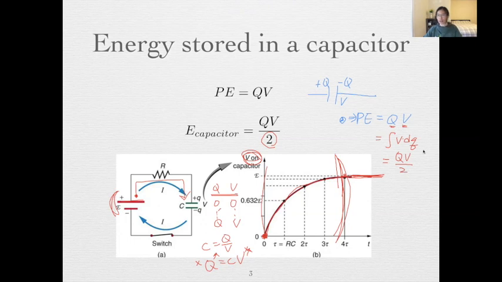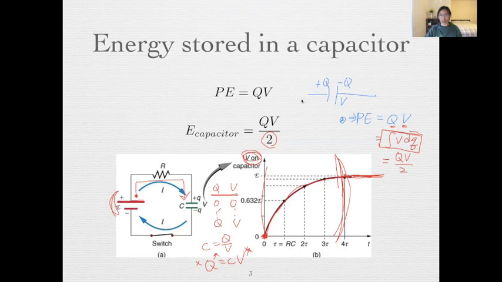If you're not familiar with calculus, you can ignore this part. We're not doing calculus anyway. I just want to get the idea across that the factor of 2 is coming from the fact that the charging process has a changing voltage and changing charges.